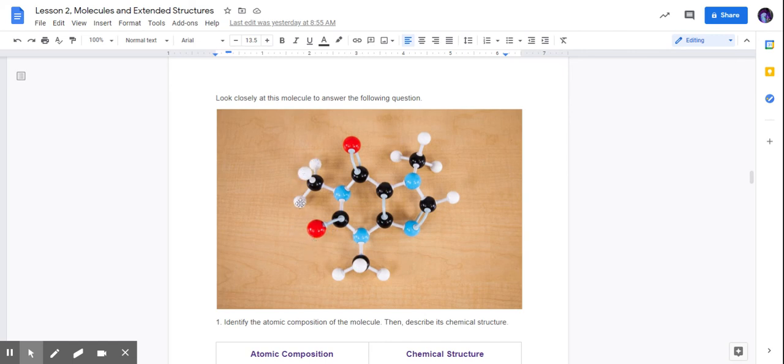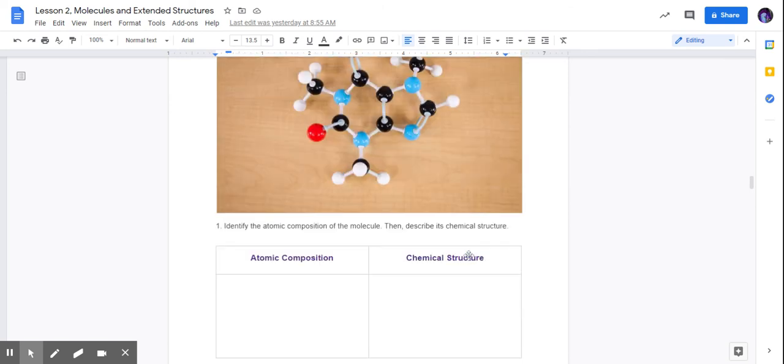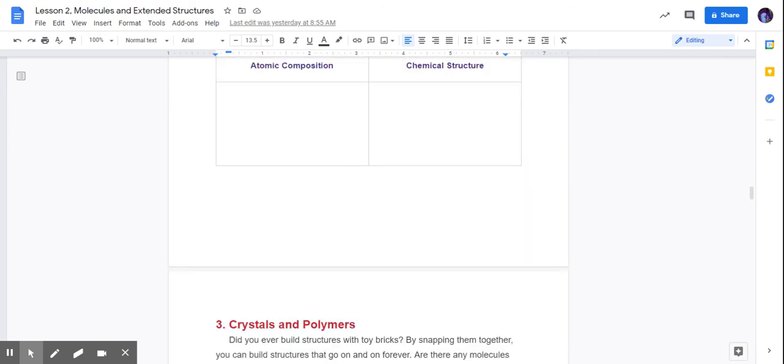White is usually hydrogen, black is usually carbon, red is usually oxygen, and this is our mystery structure. You could just call it blue if you want to, because it's not been identified here. So here is where you will answer this particular set of questions.